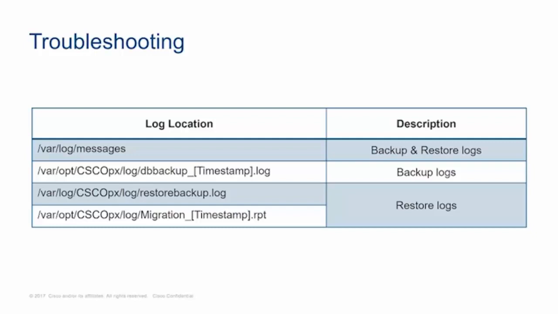So particularly for the backup process, you can go to the DB backup log, which will particularly have a timestamp when you have initialized a particular backup. And to look up restore failures, or if you have any specific exceptions happening during the restore, we will be able to look at the restore backup log or the migration APT files.